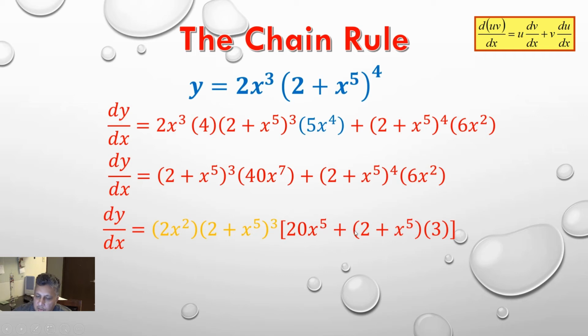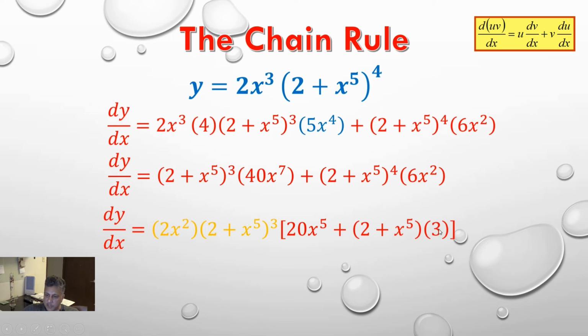So we have that done, and I'm going to divide this into the 6x squared. The x squared will cancel out and become 1, and we have 3 remaining. So that's what we have. We have taken out 2 common factors from this, and we have simplified it to this.